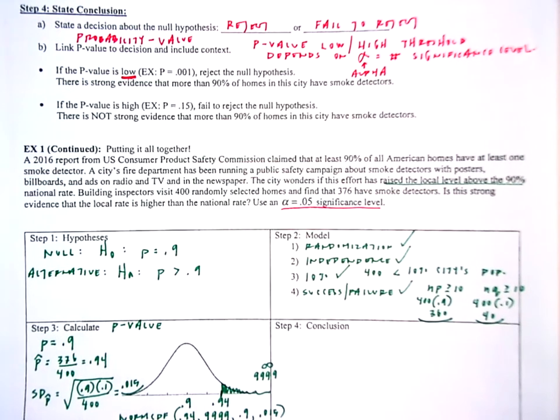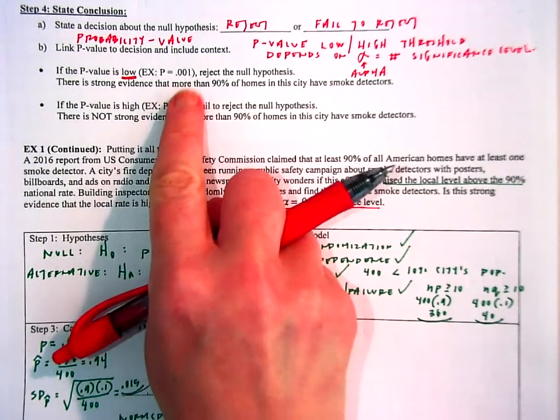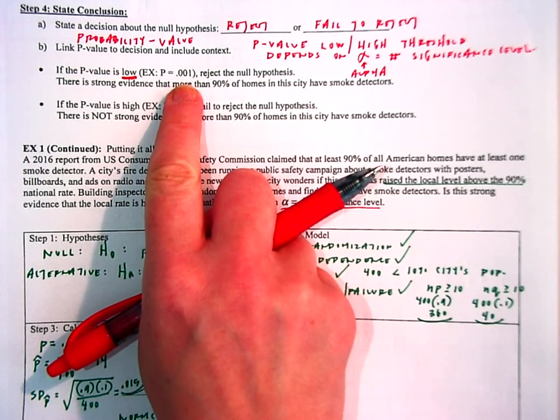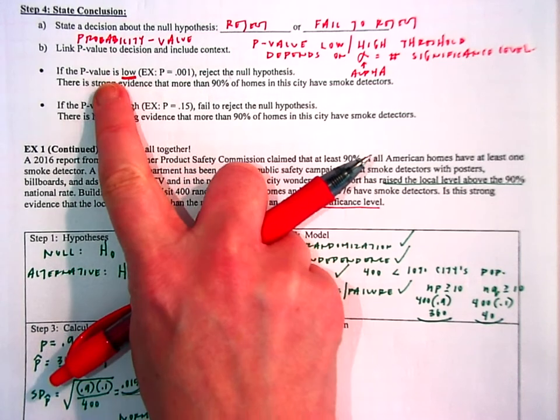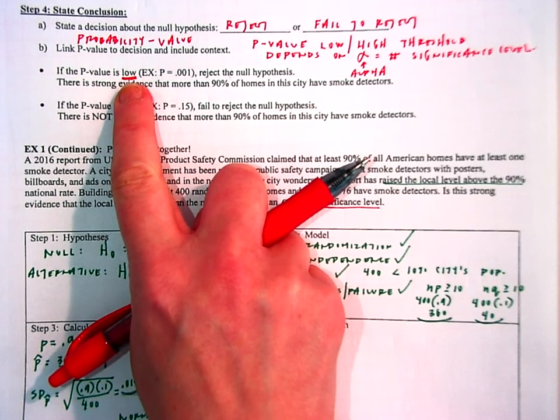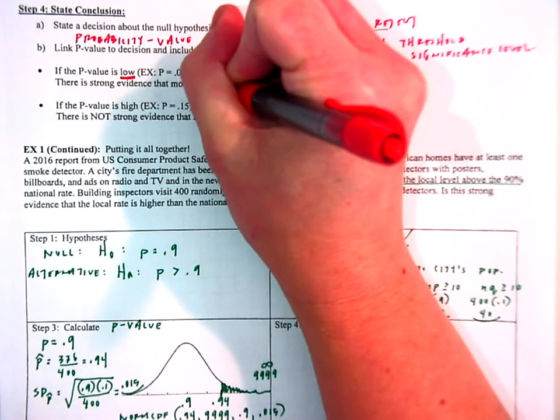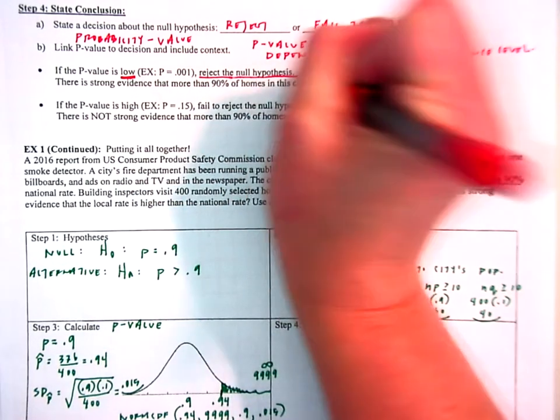So if I see something lower than the 0.05, and in this case I get something really low, a probability of 0.0001 would be very unusual, especially if I set my bar at 0.05 as my alpha level. So my p-value is lower than the alpha level that we set, and then we're going to reject the null hypothesis.